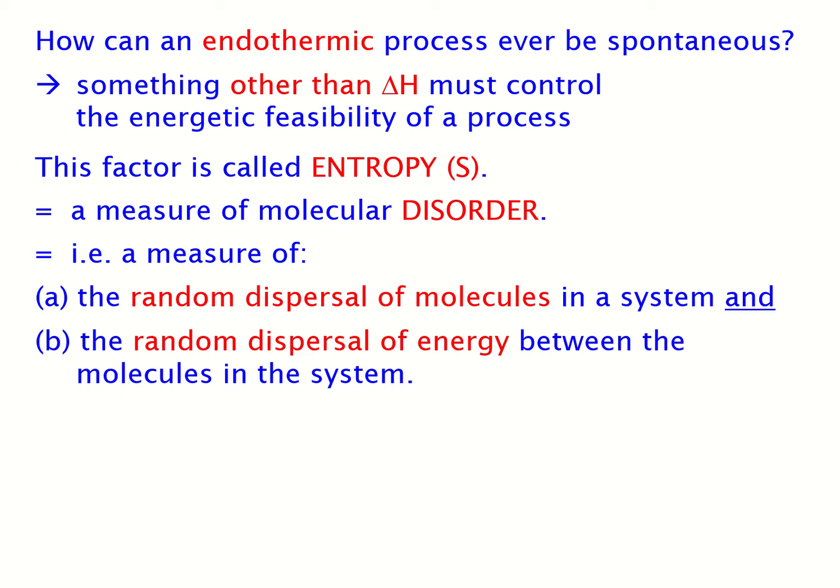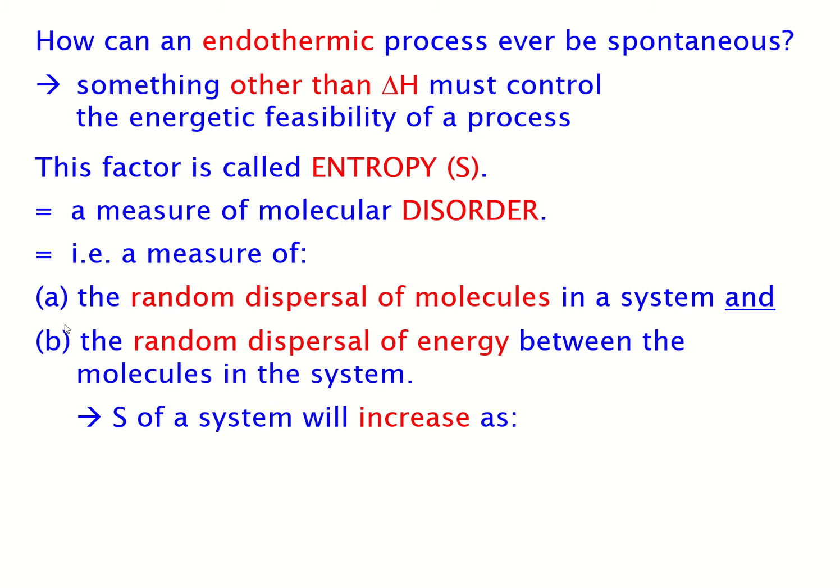So you have gone from a very ordered bedroom, which has a very low entropy, to a bedroom where everything is randomly dispersed, and now you have a bedroom which has got what we would call high entropy, or a high level of disorder. And that's as simple a way as you can probably think of entropy, as just a measure of disorder. And that disorder can come from the randomness of molecules and from the dispersal of energy.